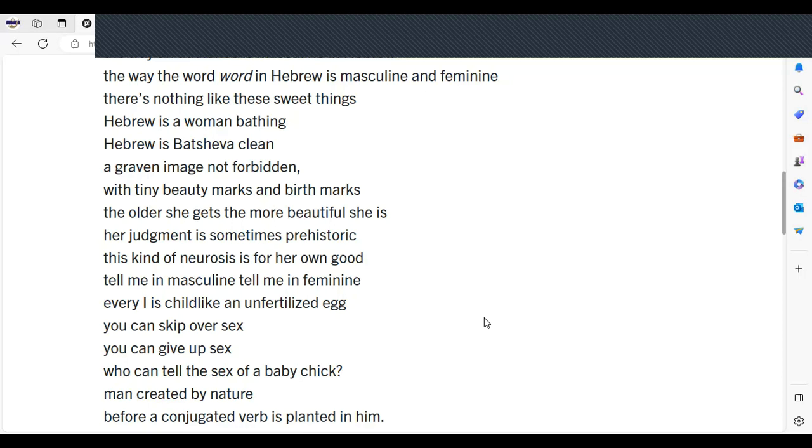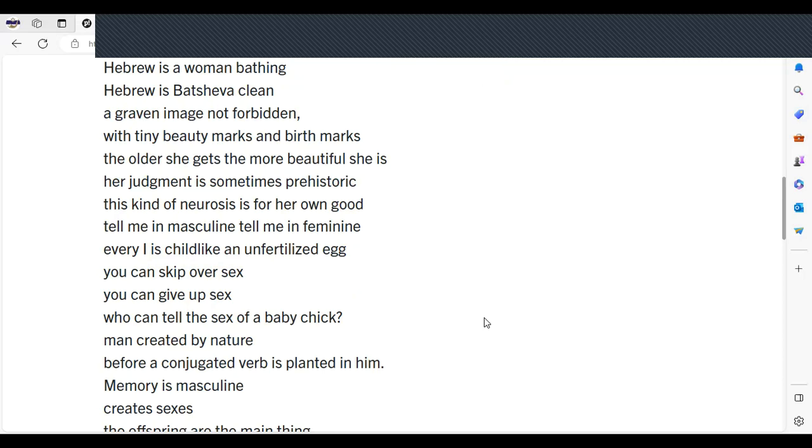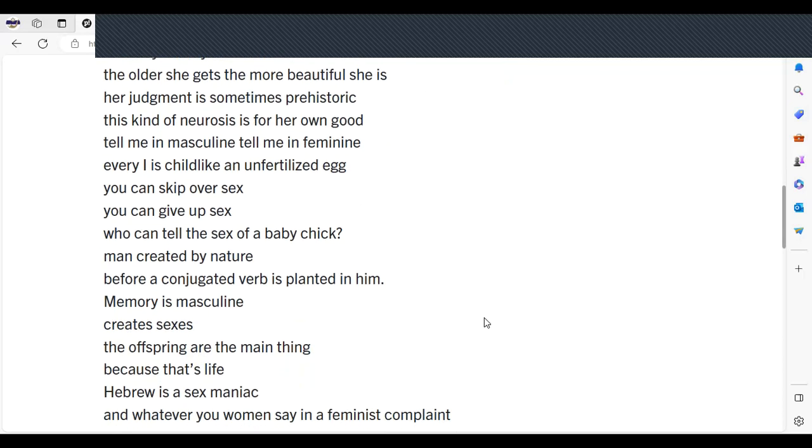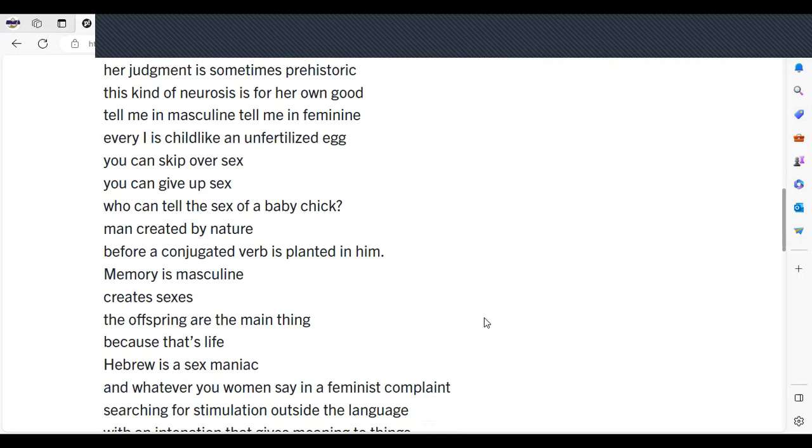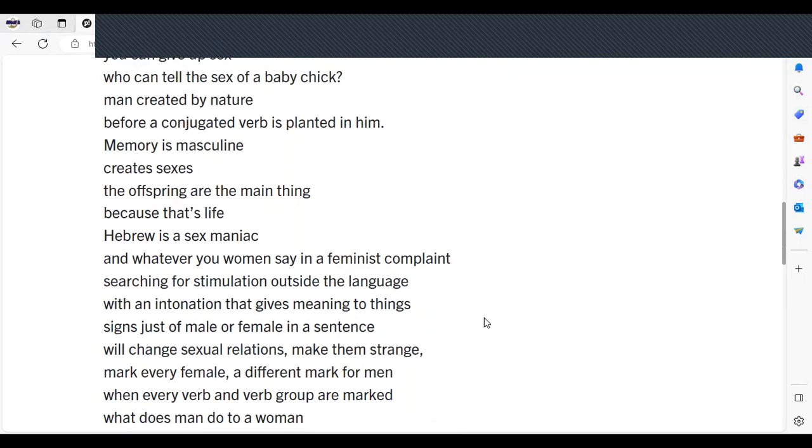Tell me in masculine, tell me in feminine. Every eye is childlike, an unfertilized egg. You can skip over sex. You can give up sex. Who can tell the sex of a baby chick? Man created by nature before a conjugated verb is planted in him. Memory is masculine, creates sexes. The offspring are the main thing because that's life.